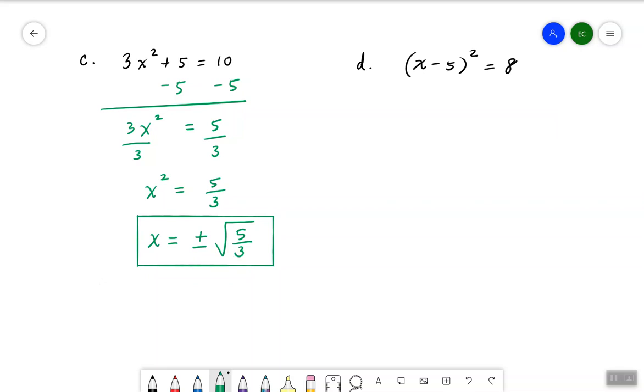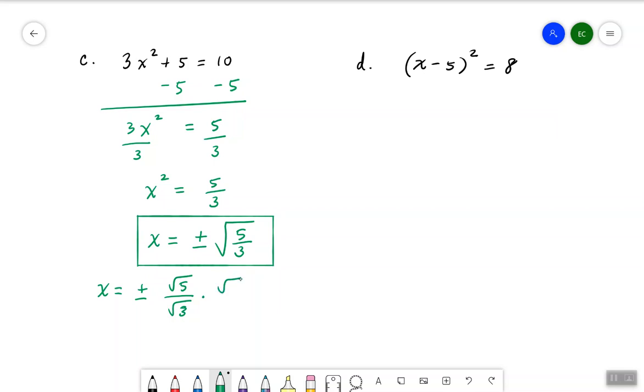Usually what you would be expected to do is to split up the square root, write the square root of the numerator separately from the square root of the denominator, and then rationalize the denominator. Which means get that square root out of the denominator.